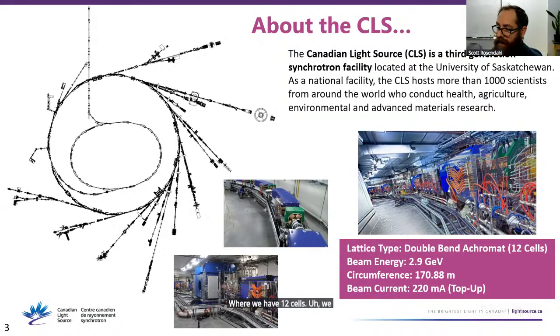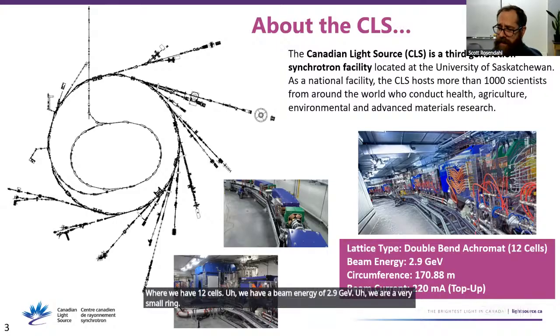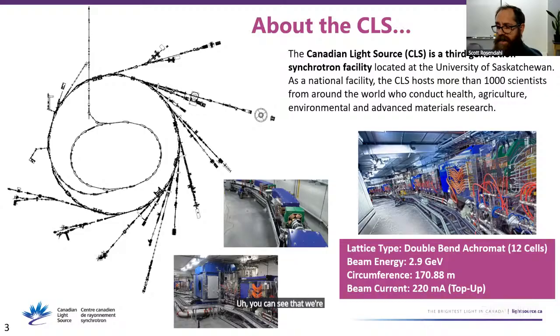We have a beam energy of 2.9 GeV. We are a very small ring. You can see that we're only 170 meters in circumference, so we're a pretty small ring that way. And we have a beam current around 220 milliamps in top up. So that's kind of where we're at in terms of our energy.